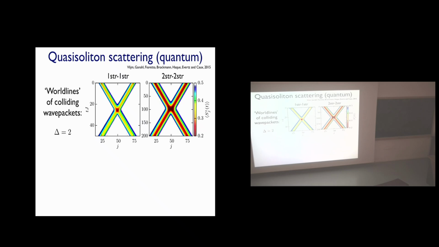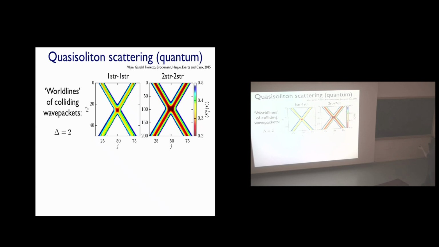But they collide at some point, and because of the interaction, there's an attraction between these things. So when this one is here, it's attracted to this one, so it accelerates a little bit. And when it emerges, it is on a space-time path which is slightly displaced as compared to the original one.